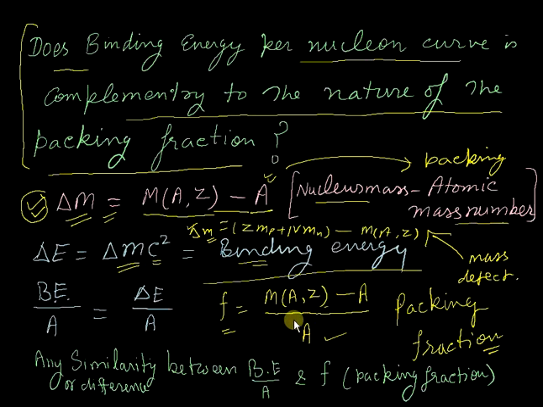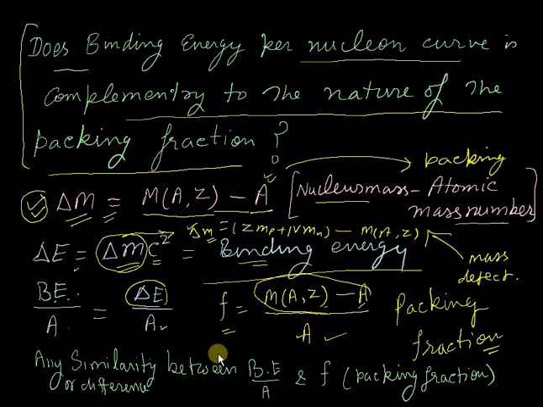So this is the ratio of the deviation of the masses with respect to the atomic mass number to the atomic mass number. And binding energy per nucleon is delta E upon A, where delta E is equal to delta M c squared. Delta M is the mass defect, which is calculated in this way.